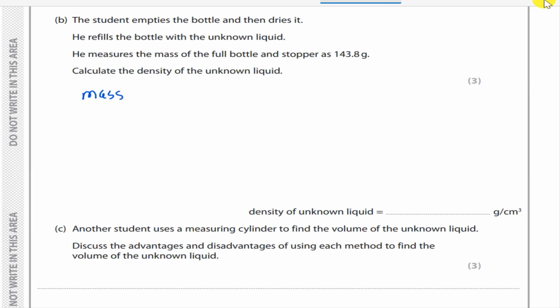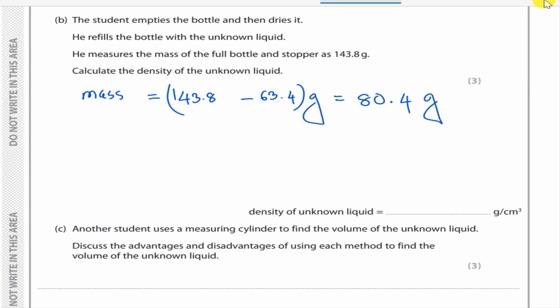So mass is 143.8 minus 63.4 gram. Mass of the unknown liquid is 80.4 gram. We know density equals mass divided by volume.